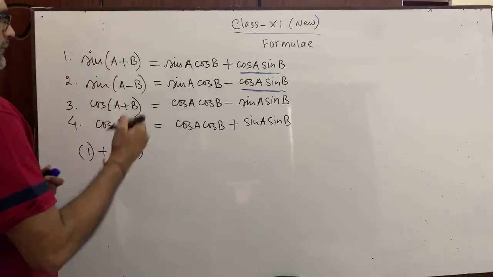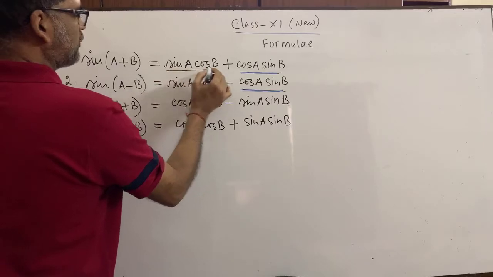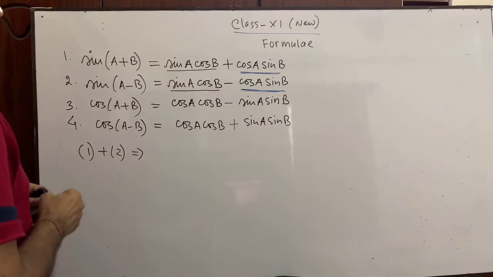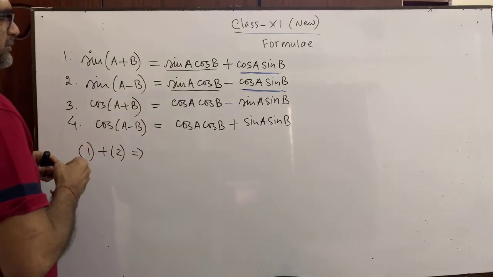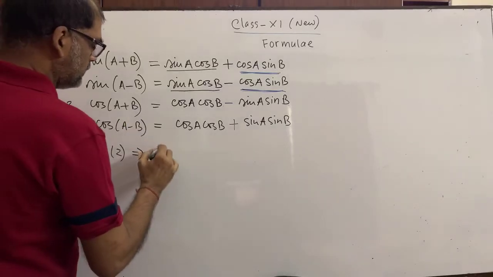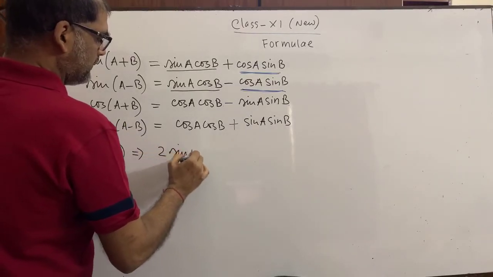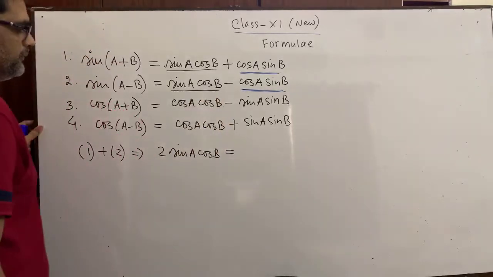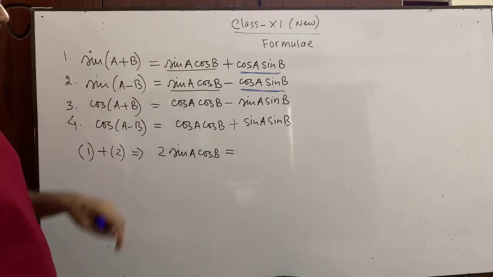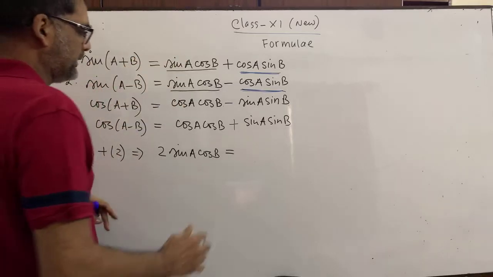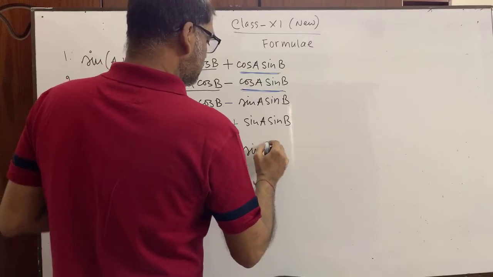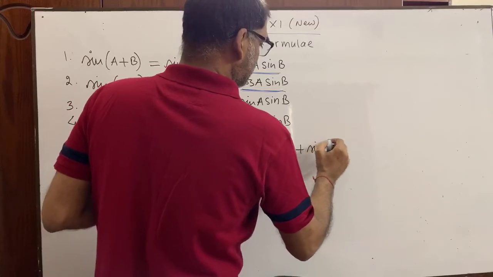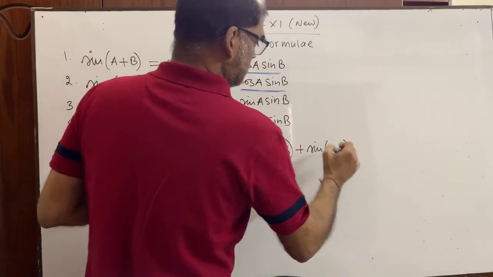Write down this sin A cos B, again sin A cos B. So we will get 2 sin A cos B is equal to sin of A plus B plus sin of A minus B. Please pay attention.